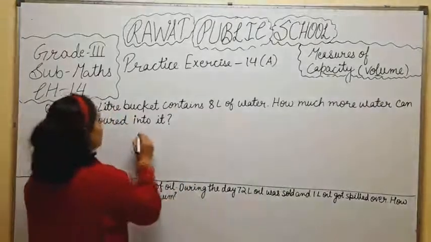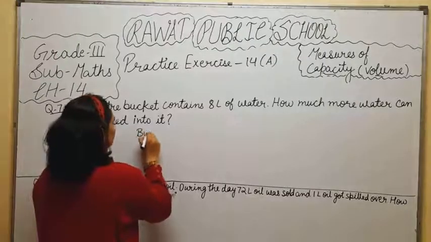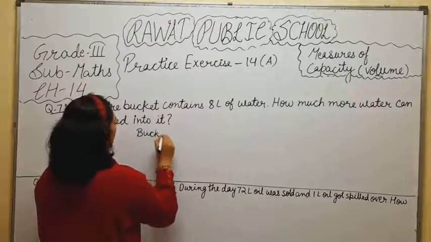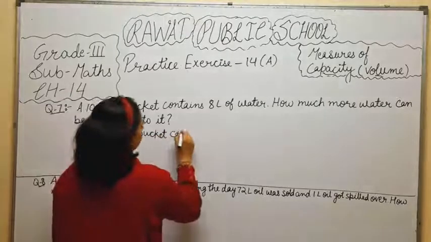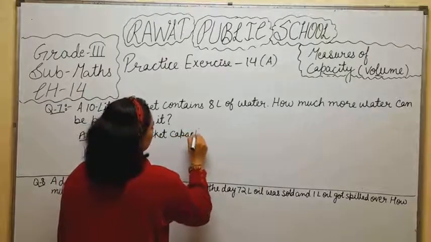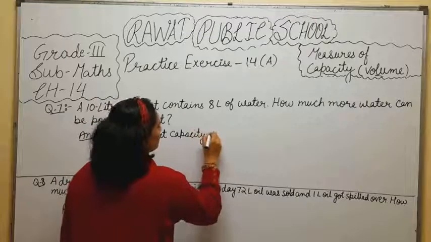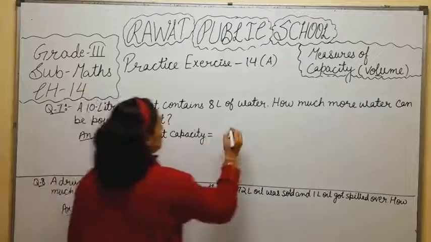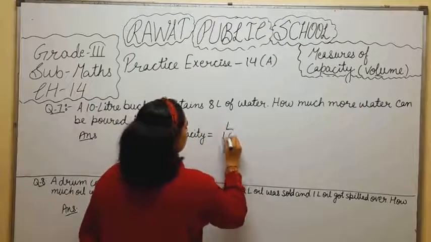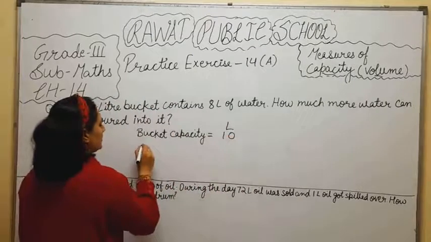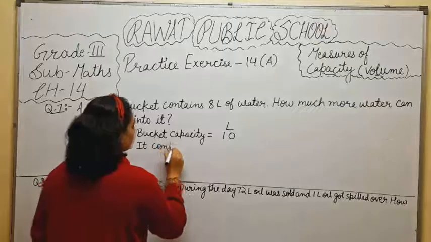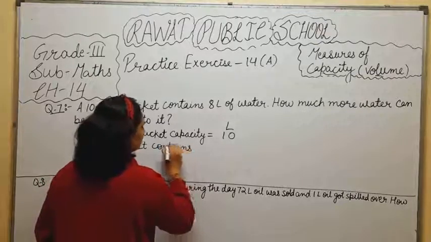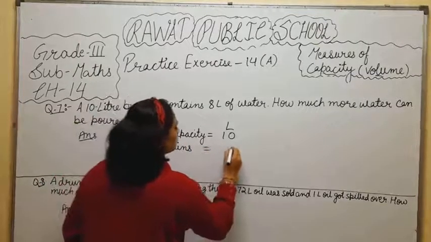So here we write bucket capacity. How much is the capacity of the bucket? 10 liters. And it contains how much? 8.